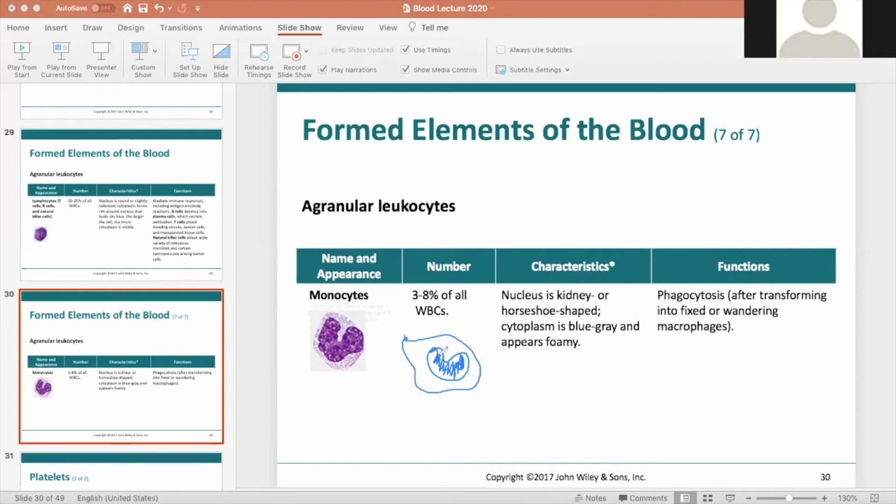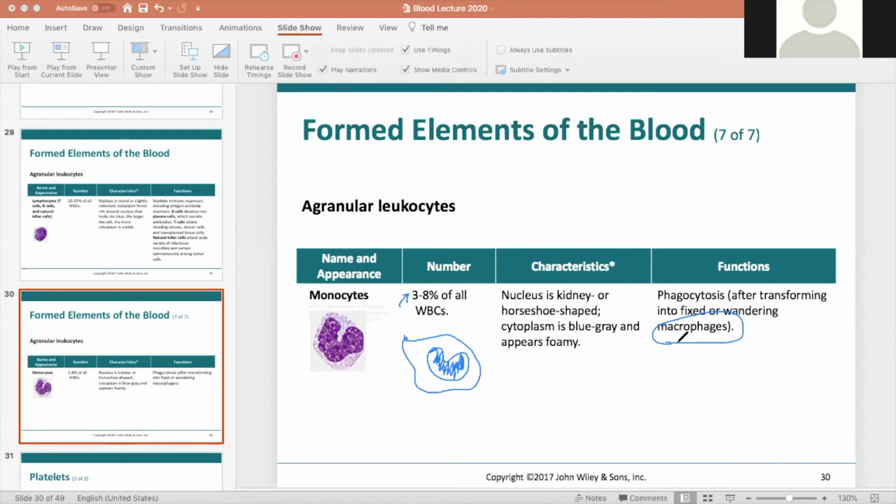We say that it's about 3 to 8% of the white blood cells, and that it is not only a phagocyte, but a macrophage. So it is going to take care of substances within the blood that are larger, in a big way.